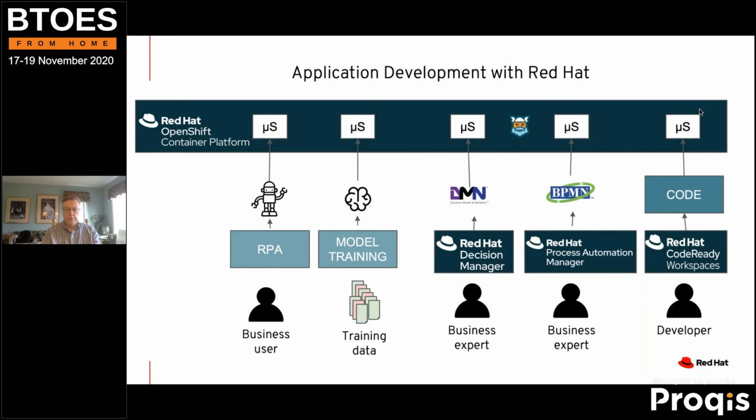We don't operate directly in machine learning or RPA, but we do maintain partnerships. We have an ecosystem of partners that we work very closely with that help us put this whole picture together.